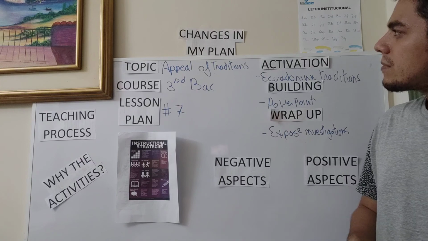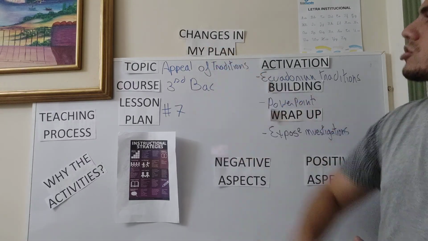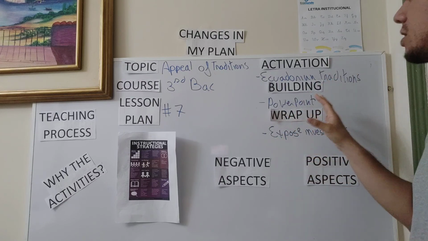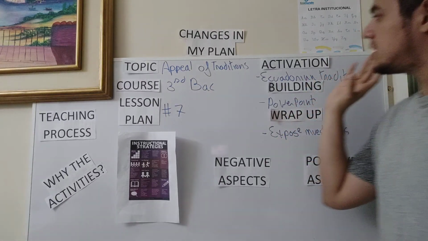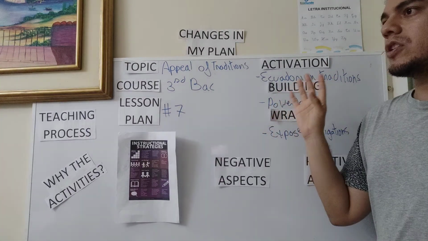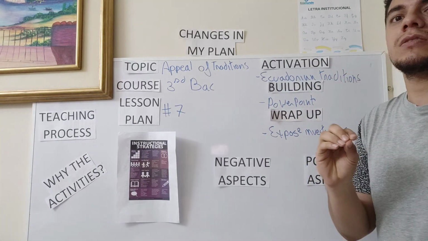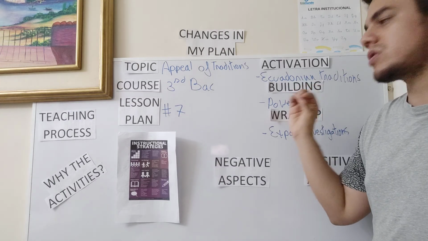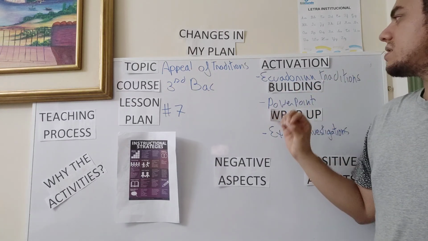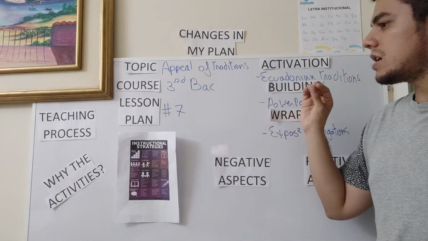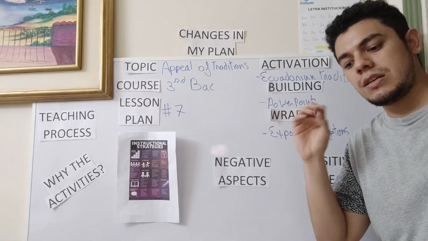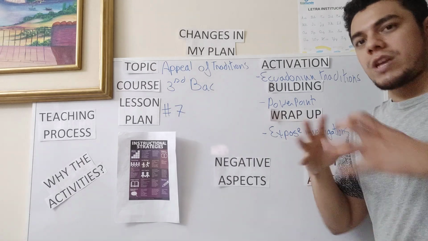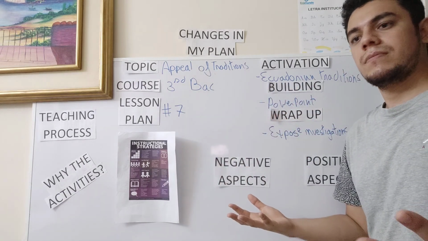Okay, what else? In this part, what changes can I make in my plan? I can work not only with Ecuador, we can work with provinces. At the beginning, we can propose to students to investigate the traditions in 10 provinces of Ecuador. So we can expand the knowledge more.